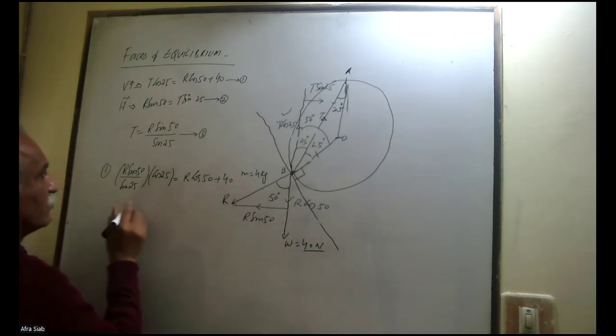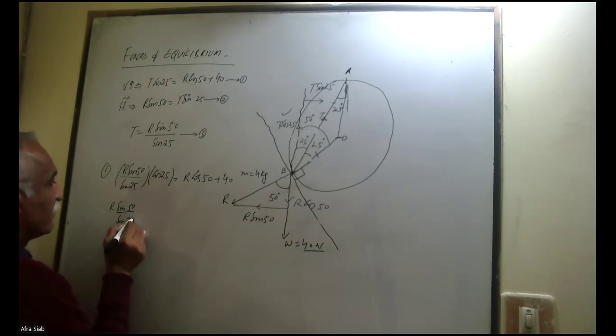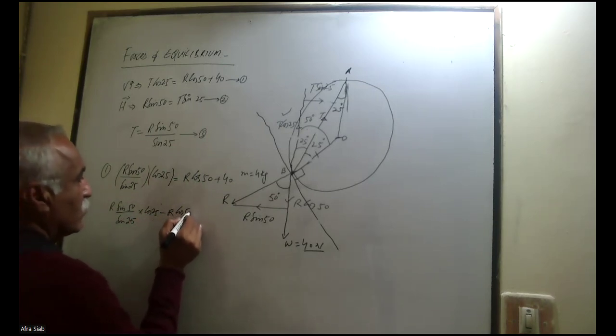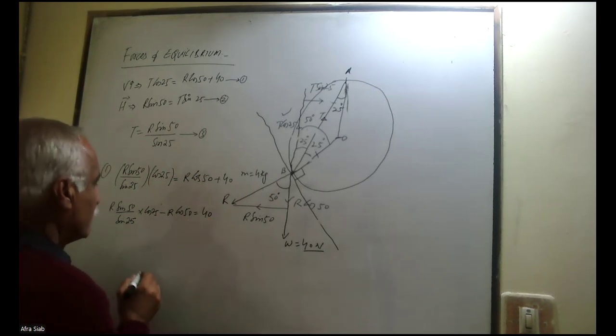Now from this we can make R the subject: R sine of 50 over sine of 25 into cos of 25 minus R cos of 50 is equal to 40.